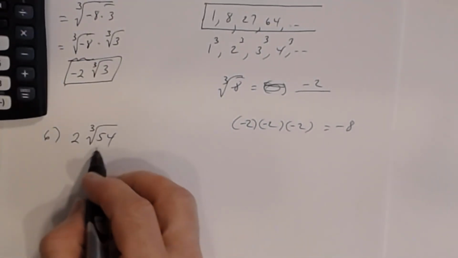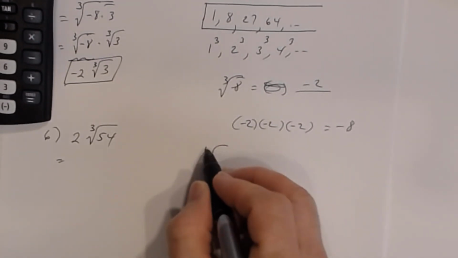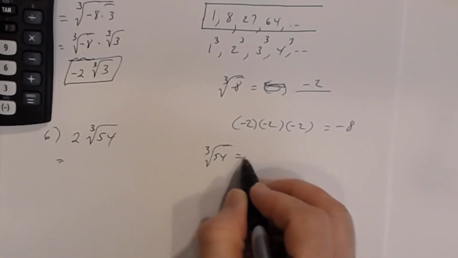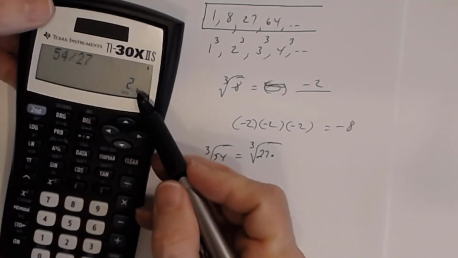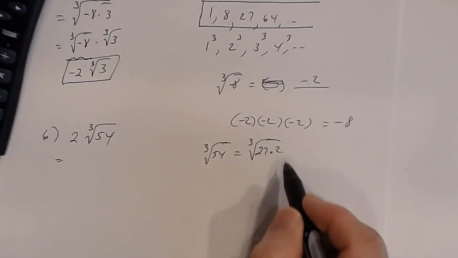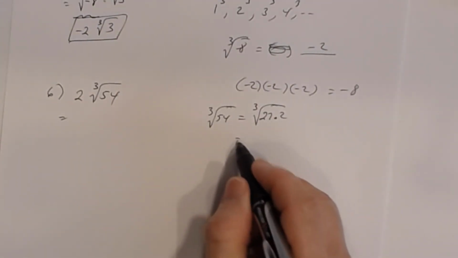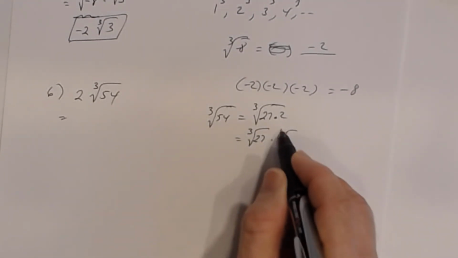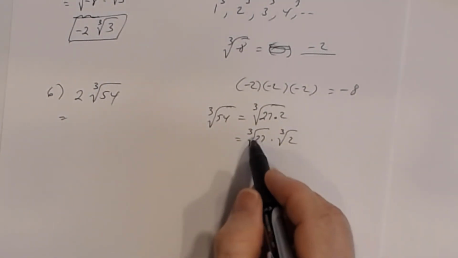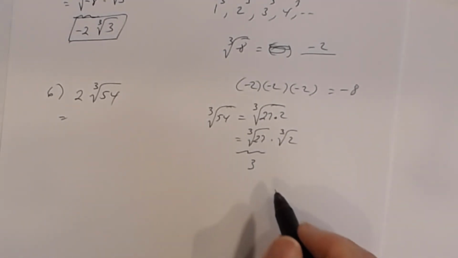So I'm going to rewrite. The cube root of 54 is the cube root of 27 times 2, and put the 2 here. Then using the product property, I can rewrite this as the cube root of 27 times the cube root of 2. And the cube root of 27 we know is 3, because 3 times itself 3 times is 27.